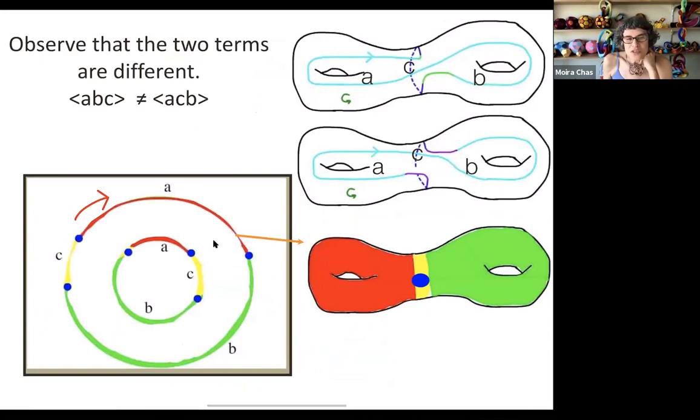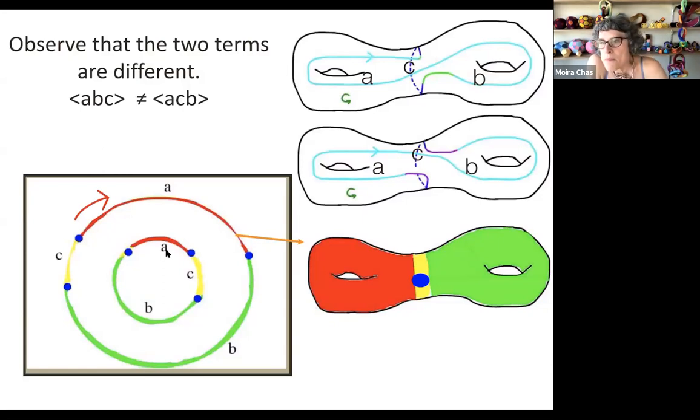So here is a picture. What does it mean that these two things are homotopic? Suppose they're homotopic. Then I have a cylinder with the property that the outside boundary goes to ABC and the inside boundary goes to ACB.